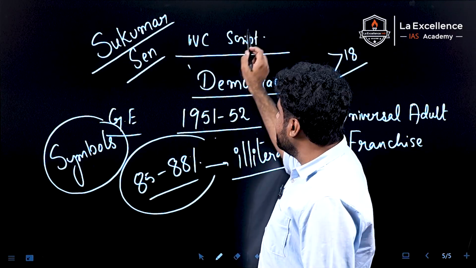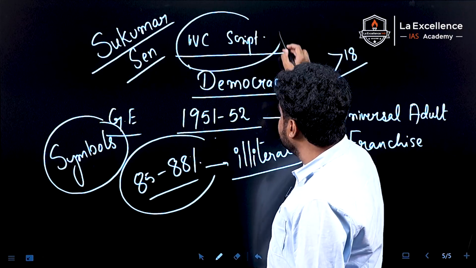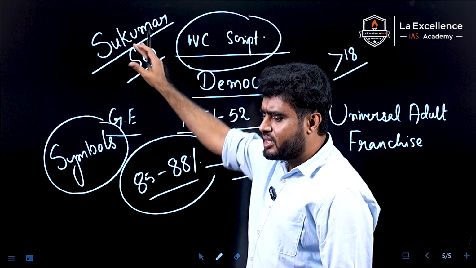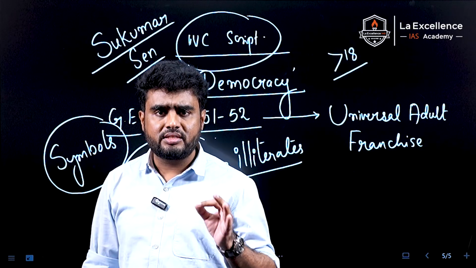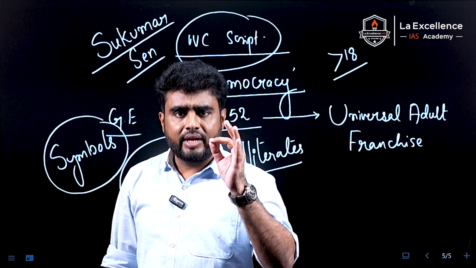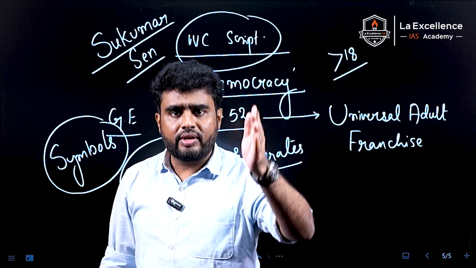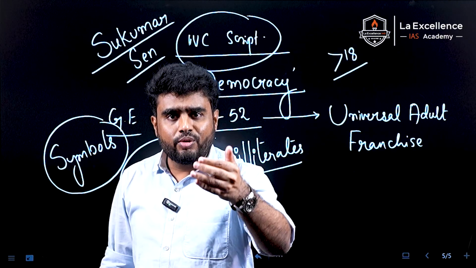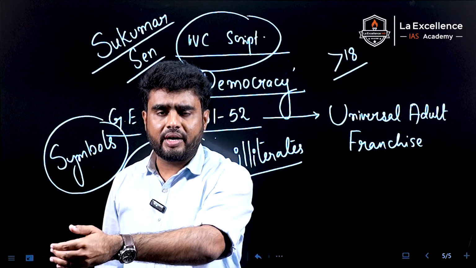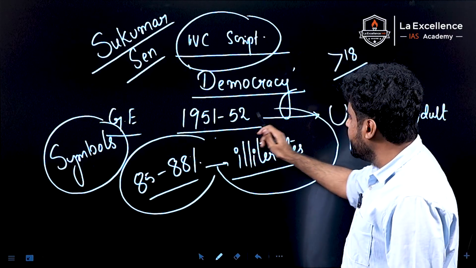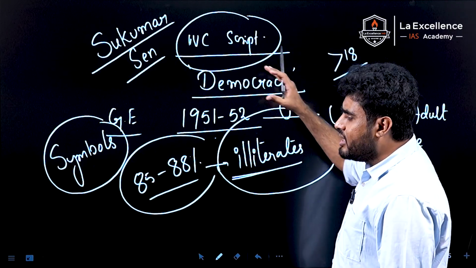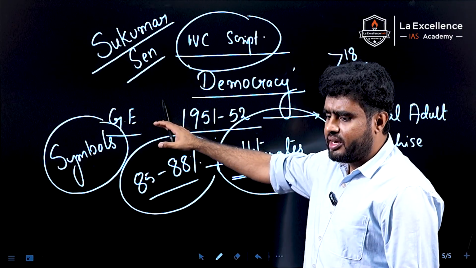So taking the Indus Valley Civilization script as an inspiration, when the Election Commission of India conducted the first general elections in 1951 to 52, we took the legacy of the Indus Valley Civilization to use symbols for various political parties, so that the maximum majority of Indians who were illiterates could identify the political party.